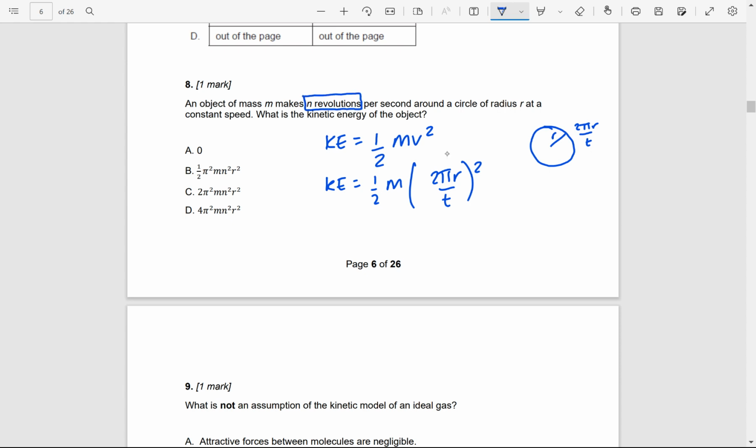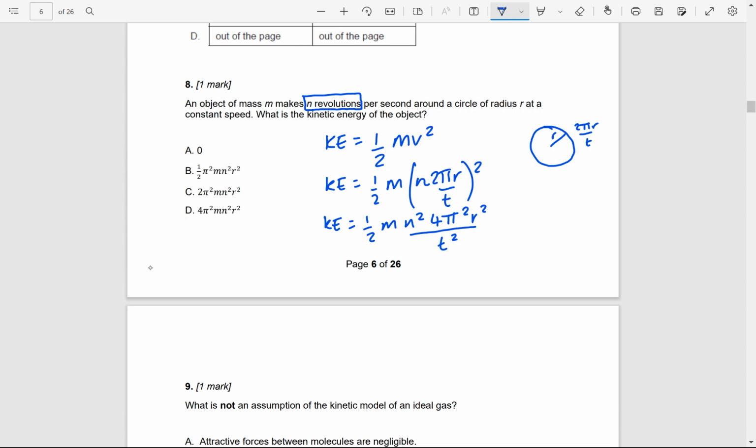Almost. We have n revolutions. So that would be the case if it was doing 1 revolution in a certain amount of time, but this one is doing n revolutions, so don't forget the n. So let's work that through. Kinetic energy equals half m n squared, 2 squared is 4, pi squared r squared divided by t squared, where t is the number of seconds it takes.